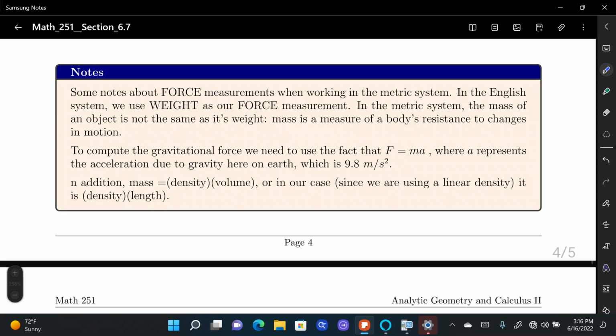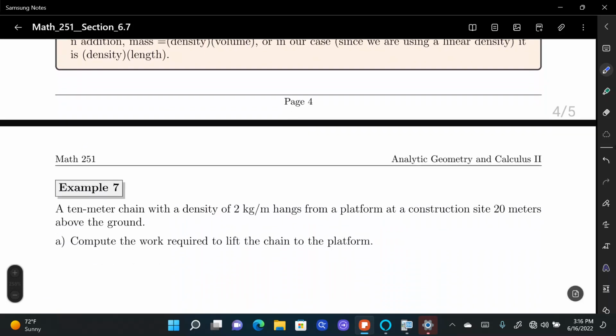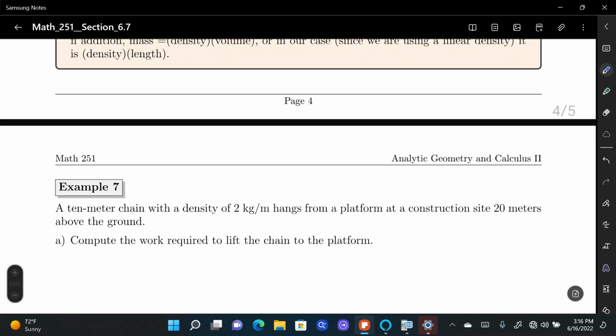But what happens when we use the metric system, which is one of the most common systems used? Well, we need to introduce the gravitational constant, in this case 9.8. What is this? Meters per second squared.